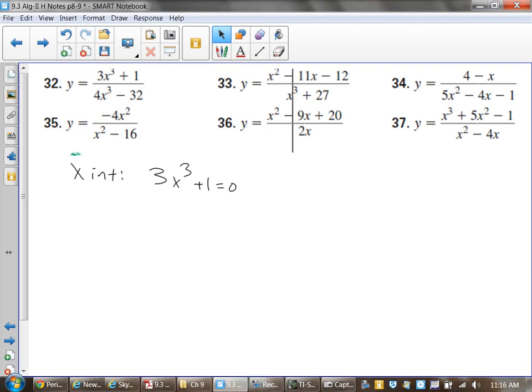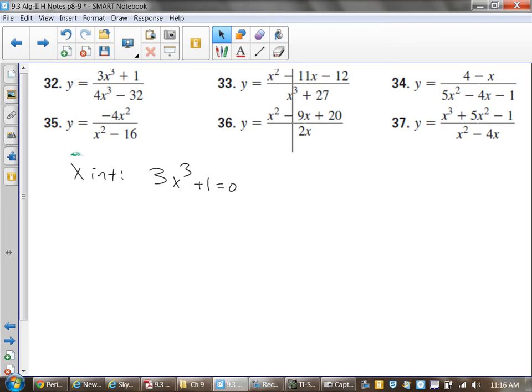I have a cube term here, so I have to check to see if I have a perfect cube. Is 3 a perfect cube? No. Your perfect cubes are 1, 8, 27. 3 is not any of them.